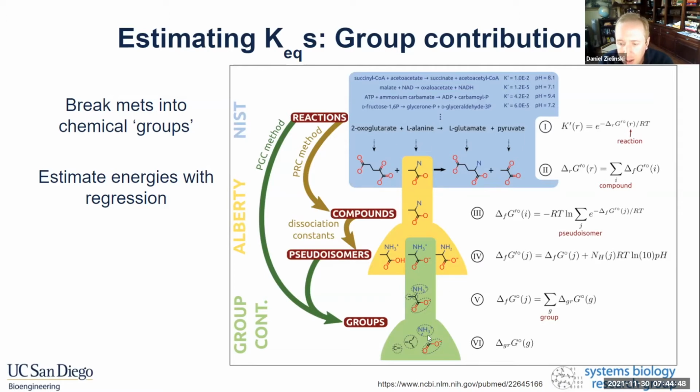And you can infer that with something as simple as regression by fitting what these energies are for your known data, and then applying these energies to reassemble estimates of the energies of new molecules. So it's breaking your molecules down, figuring out what their component energies are, and then using this to estimate new metabolites that you didn't have good estimates for. This kind of group contribution theory has a number of works, and our lab has published some of that as well.